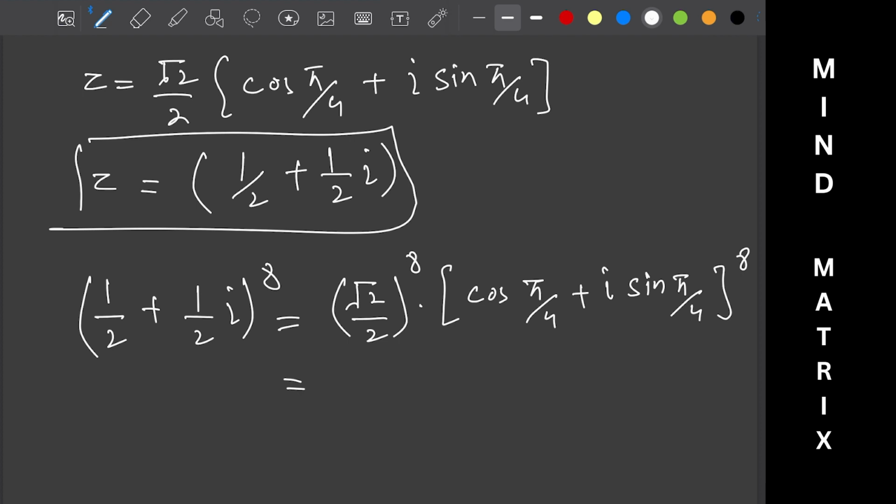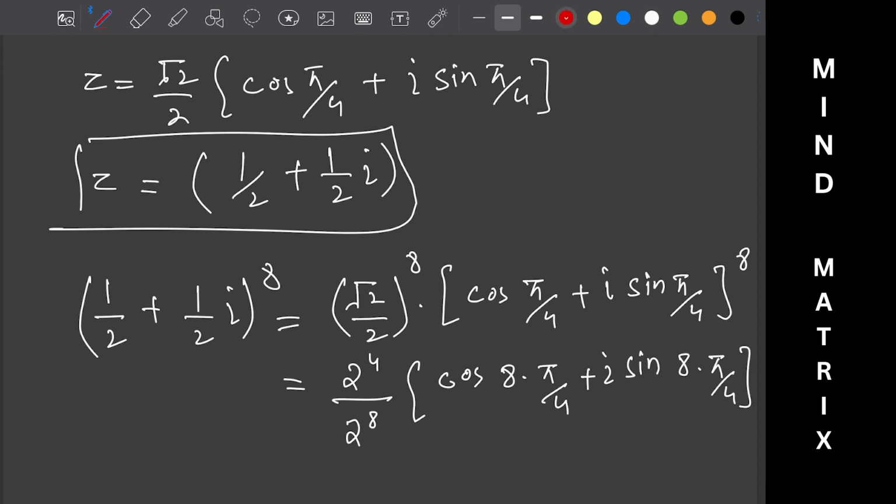We need to solve this further. Now we will use de Moivre's formula. So (root 2 over 2)^8 multiplied by cos 8·π/4 + i sin 8·π/4.